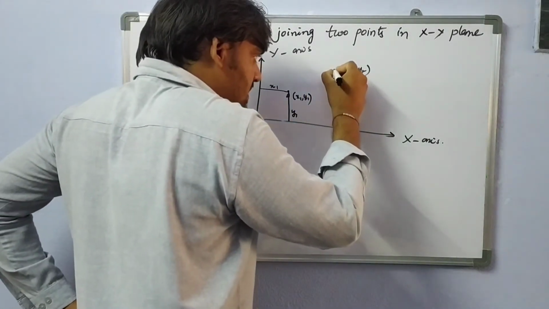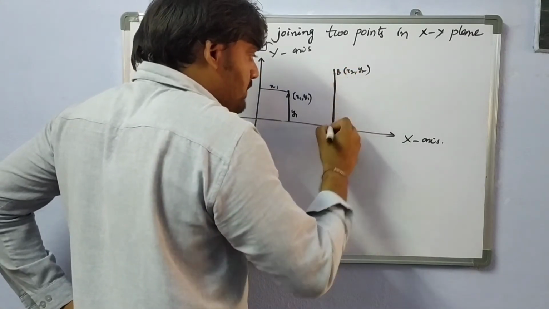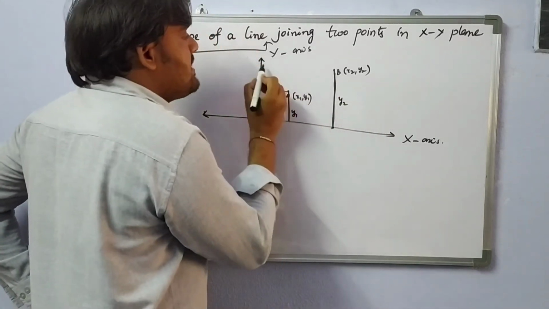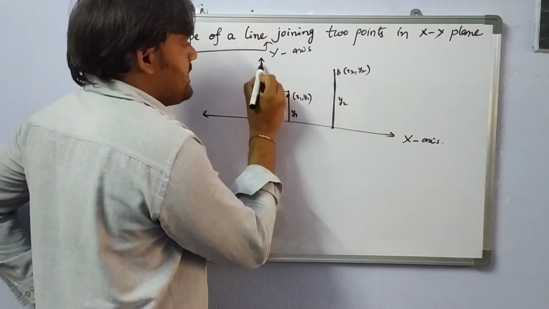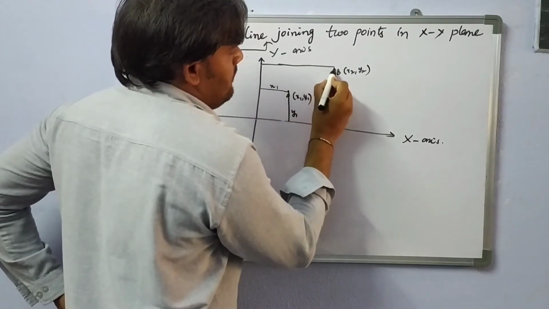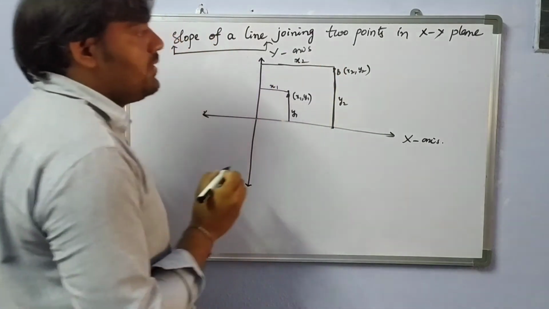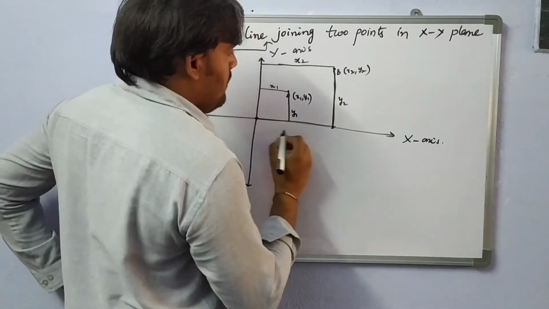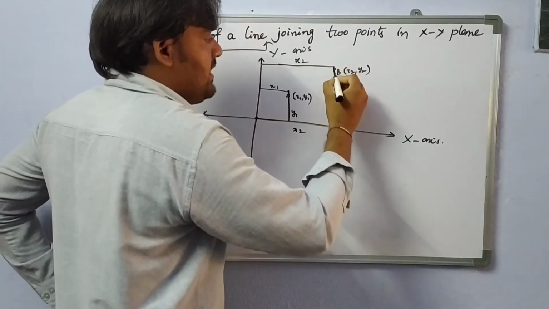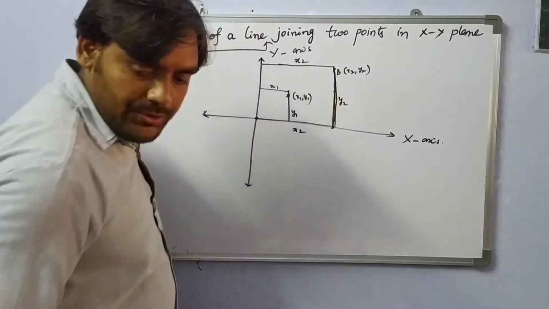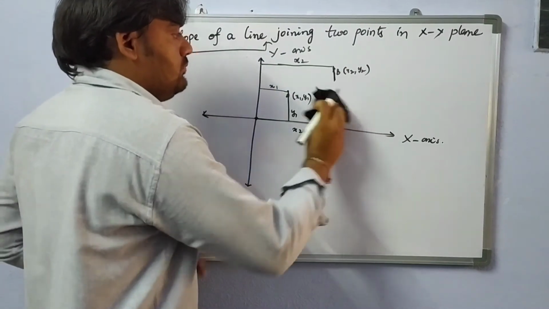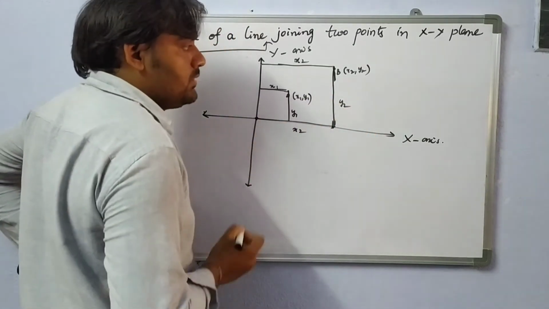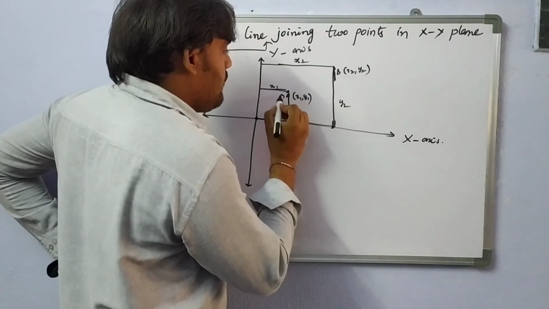Like that only, the distance from point B to the x-axis is y2, and the distance from B to the y-axis is the x coordinate, so this is x2. This is point A, this is point B.